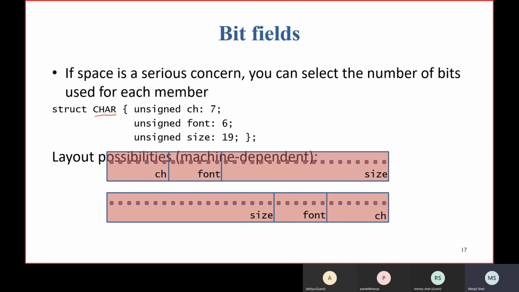Okay, unsigned character 7 or font 6 or size 19, that shows that I would like to work with different bits. Suppose we are talking about integer in Turbo C, it may hold 2 bytes, meaning 16 bits, right? 2 bytes, 1 2 3 4 5 6 7 8, 1 2 3 4 5 6 7 8, yes.